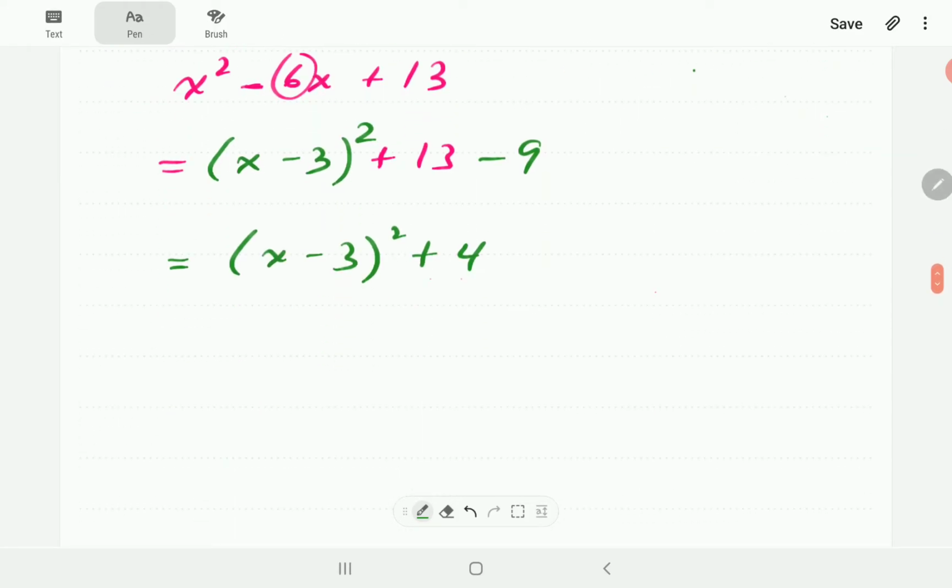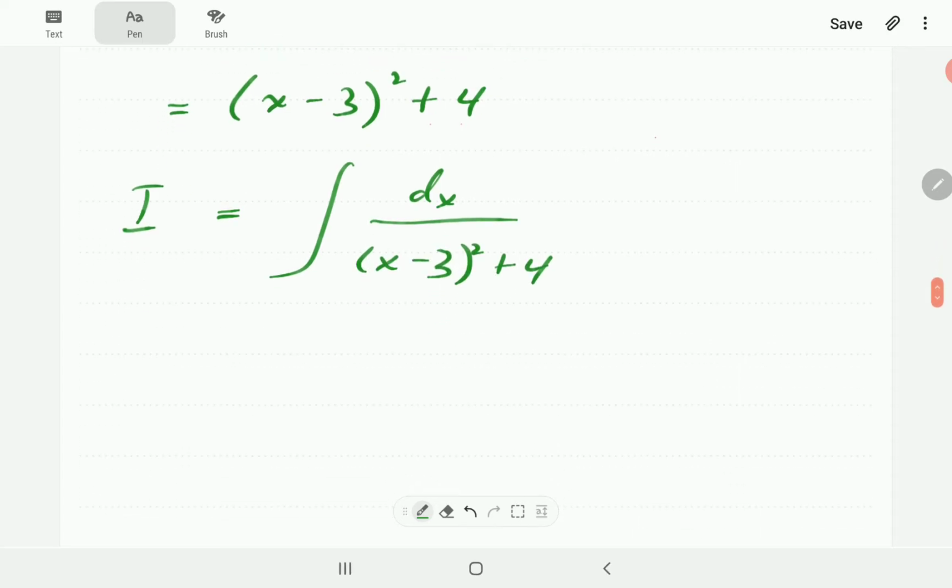So this integral we can write as dx over x minus 3 squared plus 4. Then what we're always going to do is make u the expression inside the squared brackets.